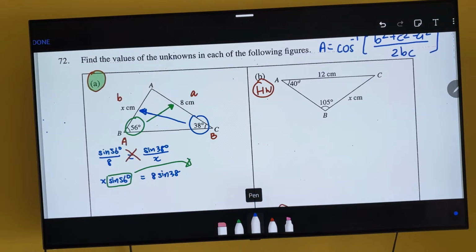And we all know that when we bring it to the right, it will be the reverse of the sign that we see on the left. So between x and sine 56, they are multiplied by each other, right? When we bring it over, it will be division then. So we have 8 sine 38 degrees out of sine 56 degrees.